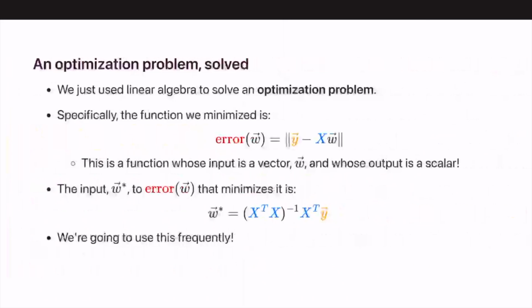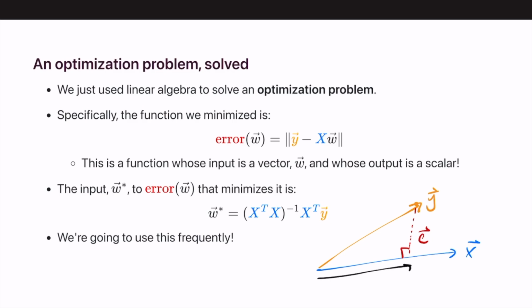If you think back to, we had this y vector, and then we had some x vector that's orthogonal, and trying to find what this w is.